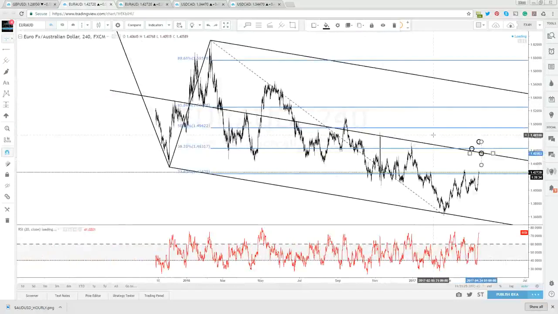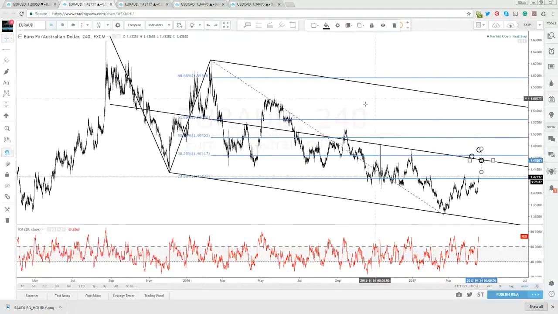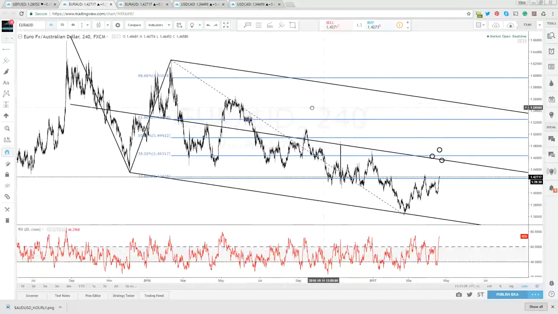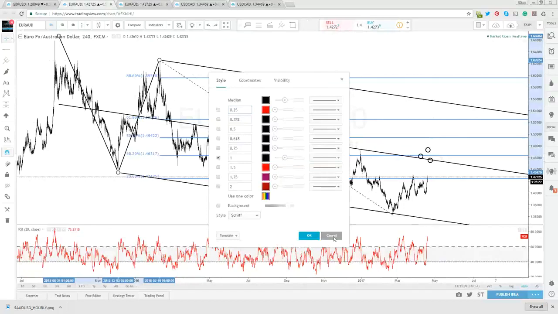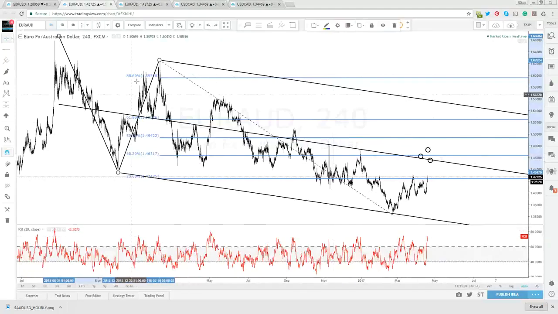On the 4-hour, I've got a different fork. It's a modified shift, or it's just a shift, I guess. It's just a shift, right? Which has been describing price really, really well, especially the bottom here, trading around the median line.